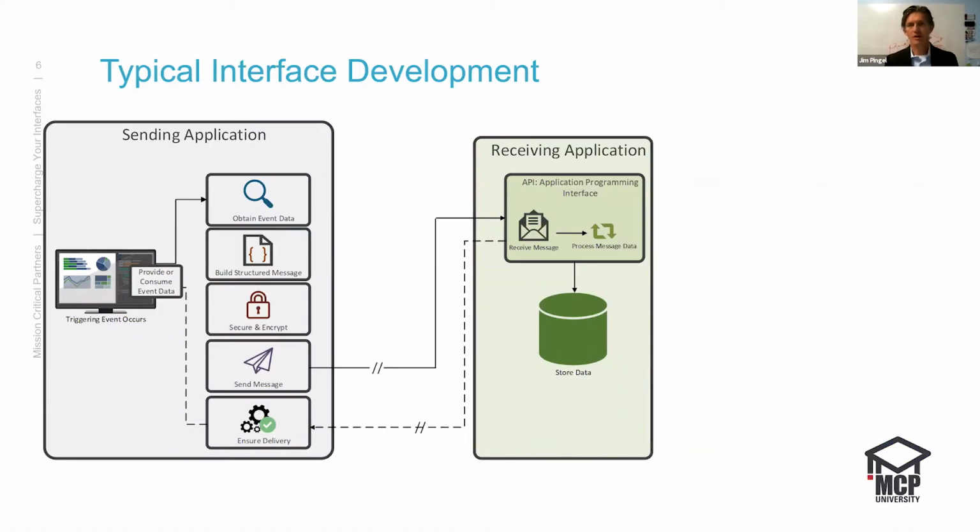So we will start just by outlining what a typical interface involves for any given information system. At the risk of oversimplifying or overgeneralizing this, we're going to use a simplified graphic just to explain each aspect of interface development.